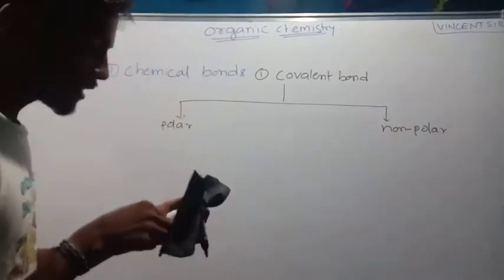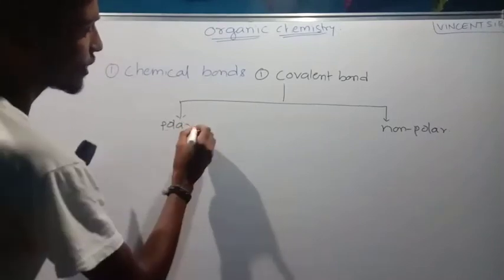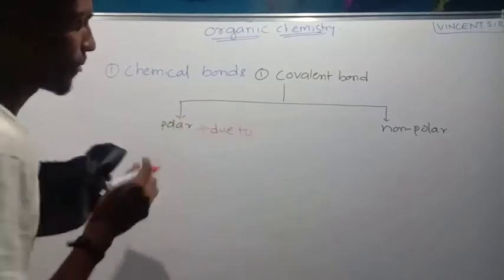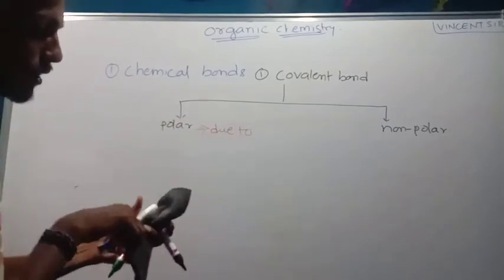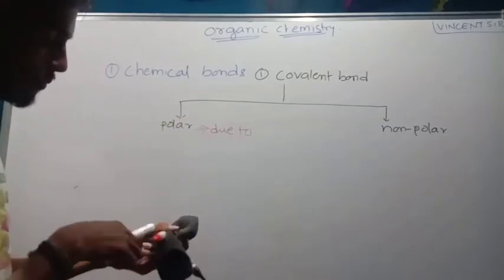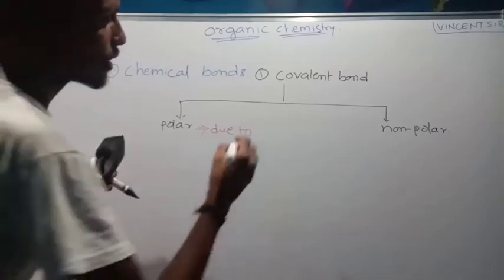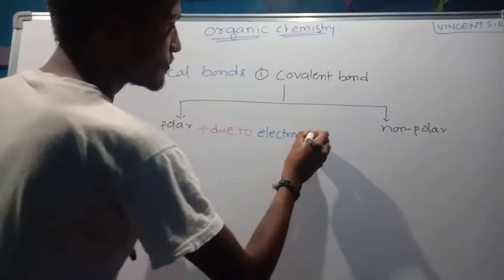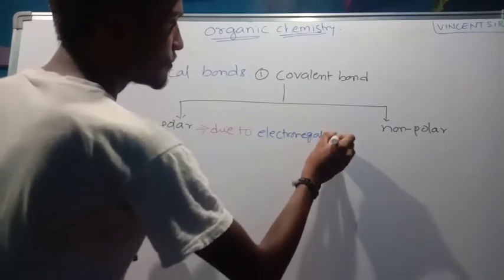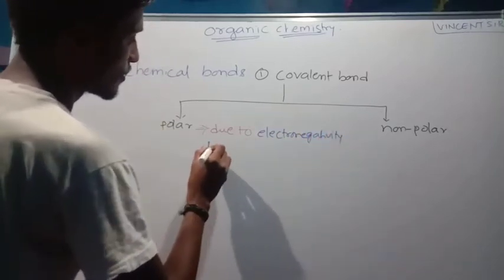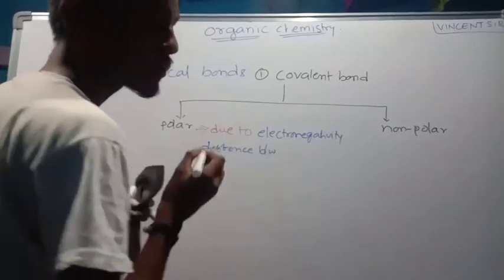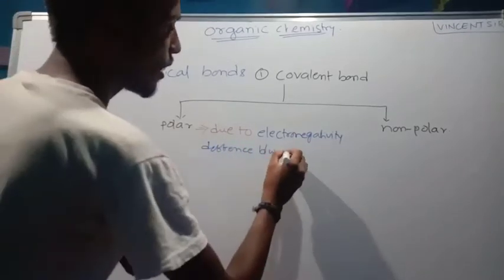The polarity of a molecule or a group is due to the electronegativity difference between the atoms.